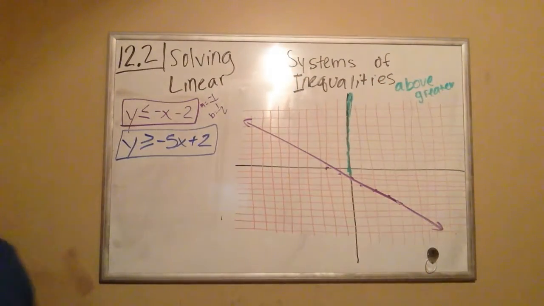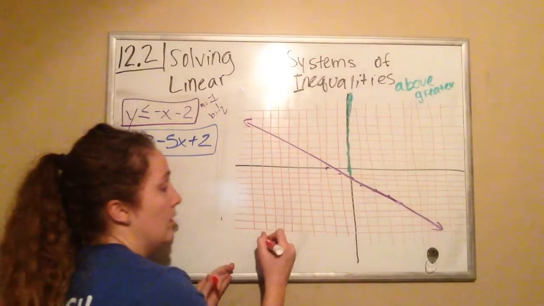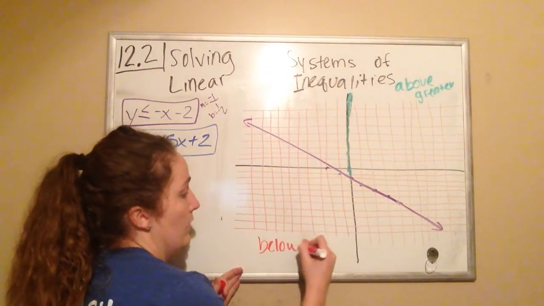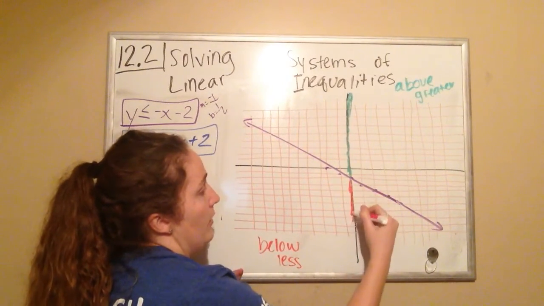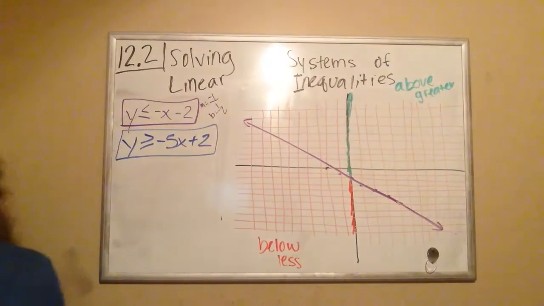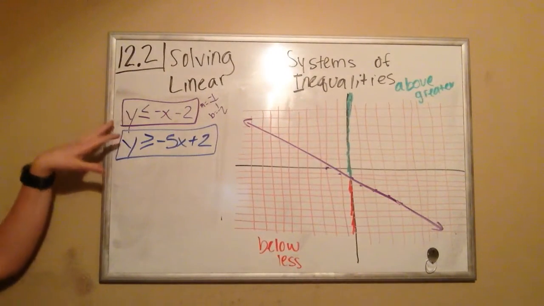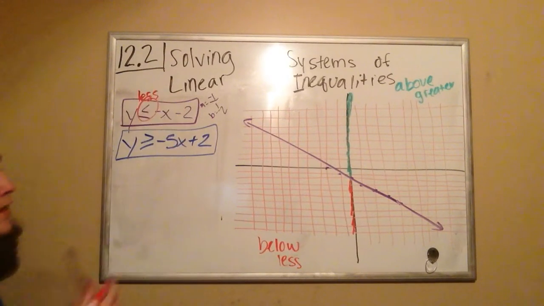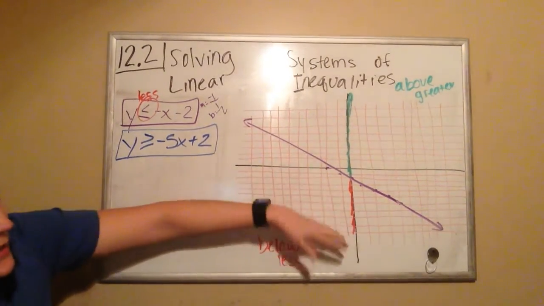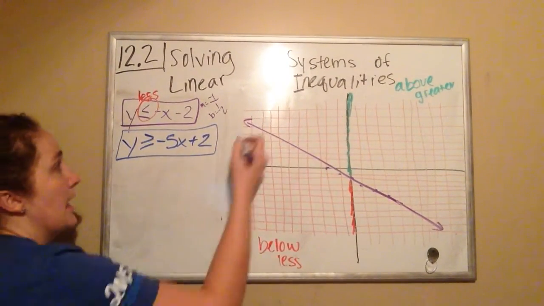And then below or less than is going to be underneath the line on the y-axis. So my equation says y is less than or equal to negative x minus 2. So the side that I am going to shade is this less than or below the line side.